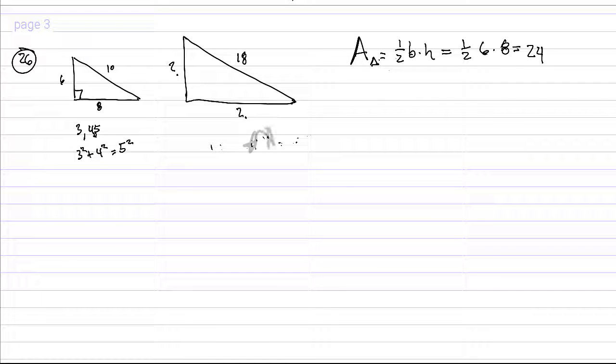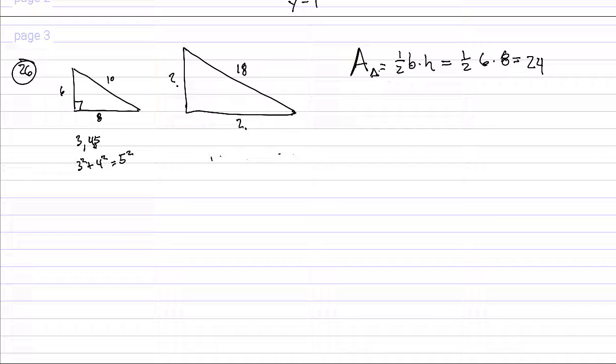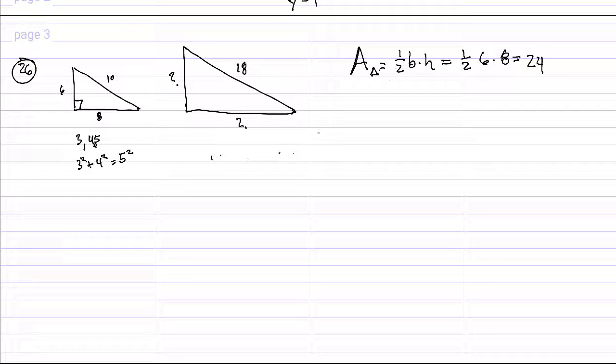Here's the ratio: all of these sides must have the same ratio, so 18 over 10 is the ratio. Let's call this side A and this side B. So we can set up these ratios: A over 6 equals 18 over 10.